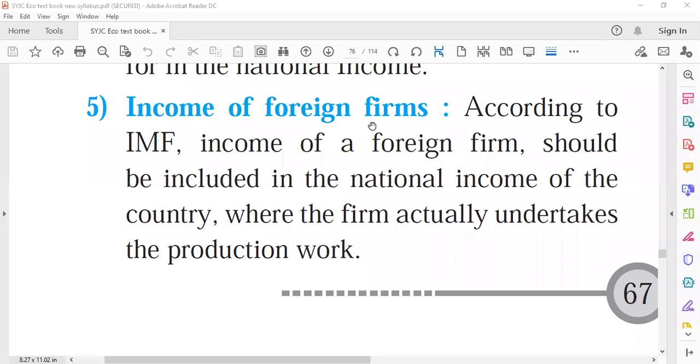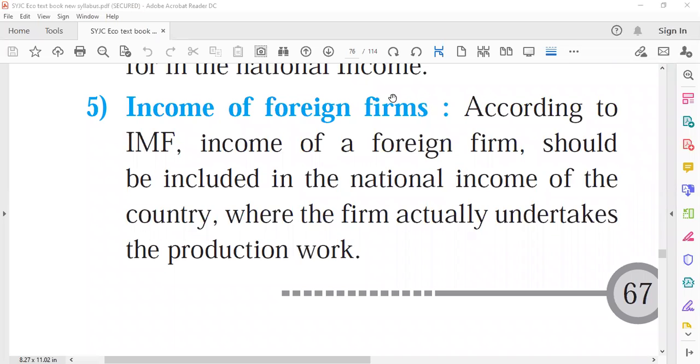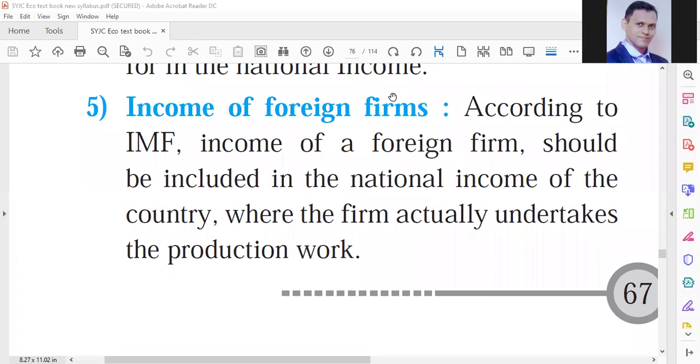Now here, while calculating the value of national income, we should include the national income of the country, whereas the foreign firm, whatever profit is earned by them, they take to their country, even though they actually undertake the production work within our country.